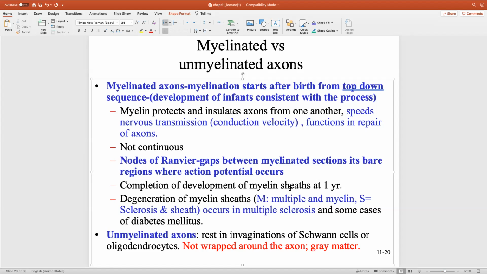You should complete myelin sheath development at 1 year of age. That does not mean that all babies should be walking at 1 year of age, right? It just means that you have the actual anatomy there, and now you're fully myelinated. The coordination of when to take the step so that you don't fall takes time.